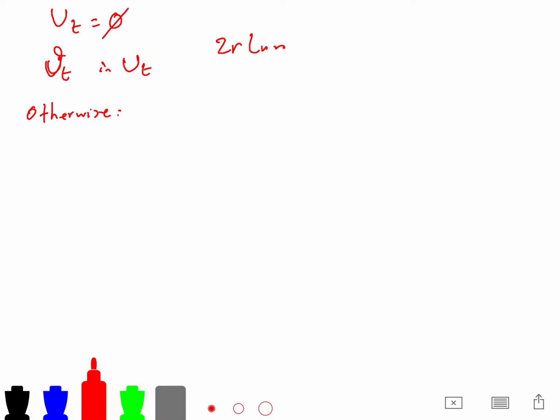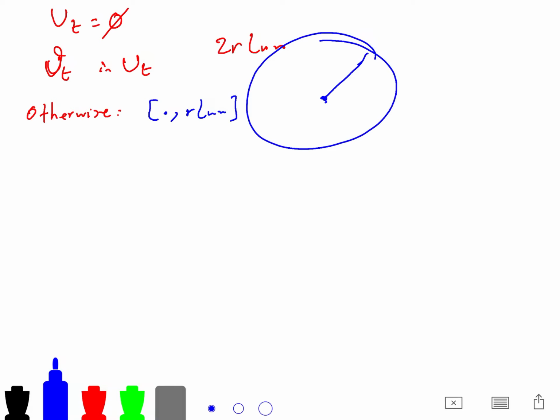Otherwise, which happens most of the time, we do like this. We consider the real interval between r and ln n, and now choose the radius Z. So this is the ball of radius Z centered at V_T.